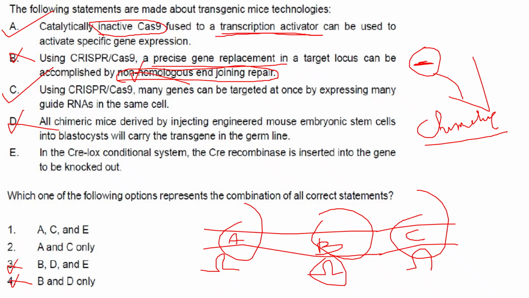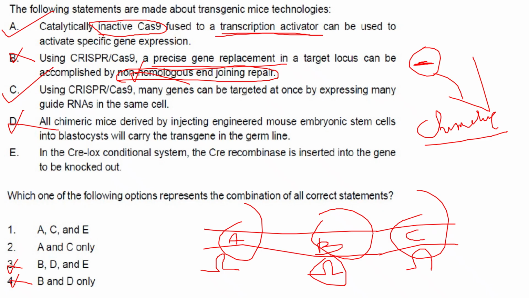Germ line means your sperm and the egg. It is not necessary that the embryonic stem cells you have introduced into the surrogate mother give rise to the transgenic germ line in chimeric mice.